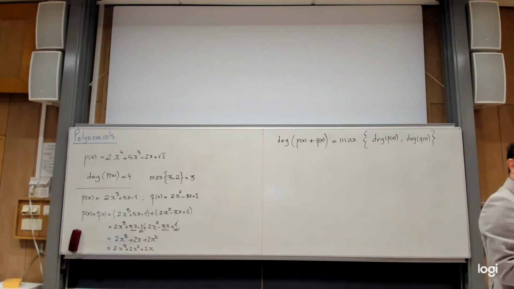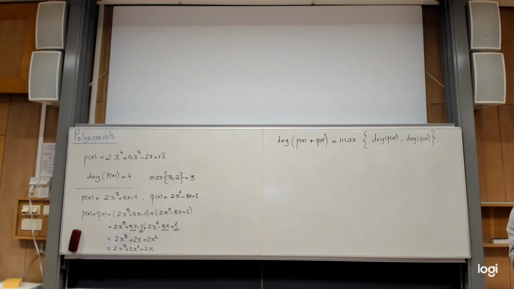Yes, Aaron? Maybe if q had minus 2x cubed, and then if you calculated it, there would be no 2x cubed, and then the highest would be 2x squared.